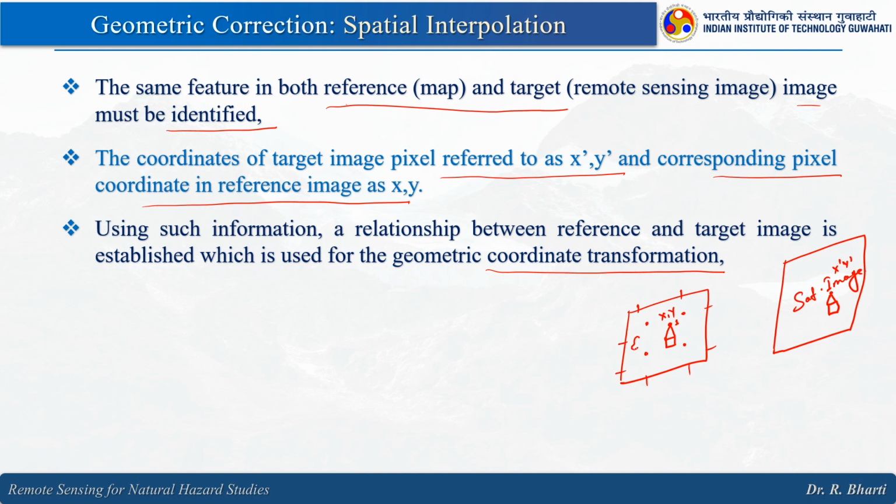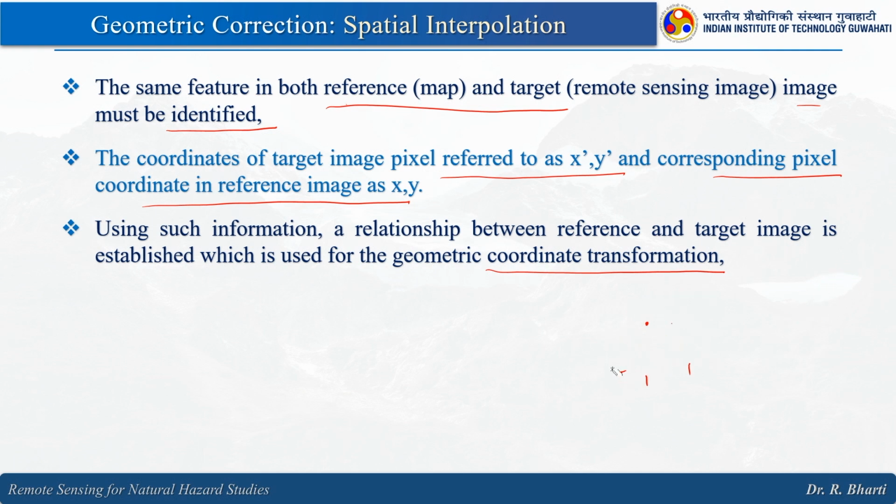Another one, let us say this is one feature, this is another feature, right. So the second point we have taken. This will be x1 y1, this will be x dash y dash, and then this is the second point. Similarly, you will have to identify a good number of points so that you can generate a correlation between these two.